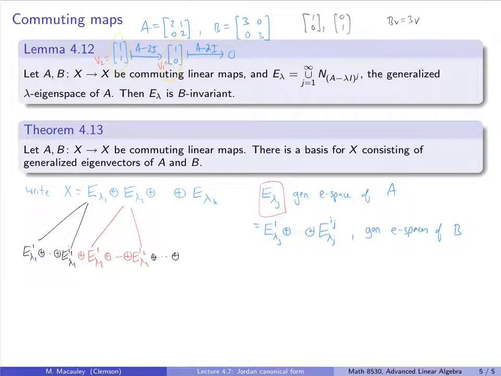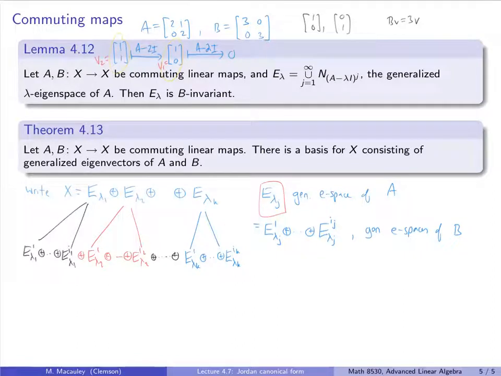until we get to this last one, which I will write as E lambda k 1 direct sum up to E lambda k ik.